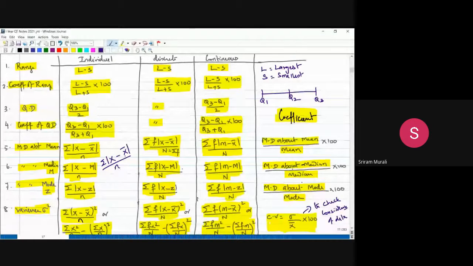This is the mean deviation about mean. If I bring f here, it will become discrete. If I replace x by m, it will become continuous. That is the difference. This is for mean. If it is for median, replace x bar by m. The formula will be the same. Replace x bar by z for mode.